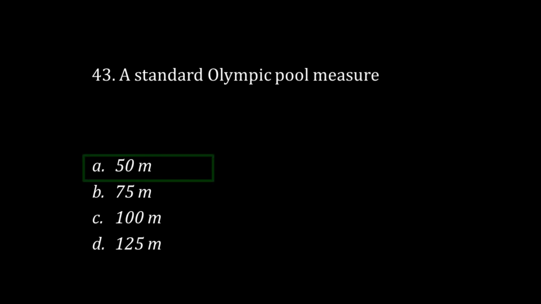A standard Olympic pool measure is A. 50 meter, B. 75 meter, C. 100 meter, D. 125 meter. The correct answer is letter A. 50 meter.